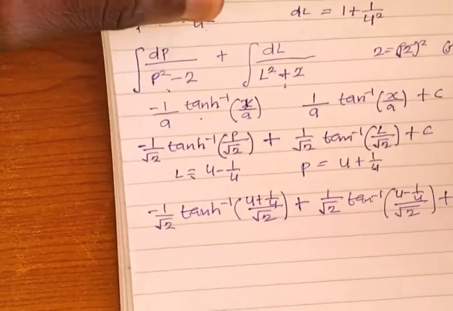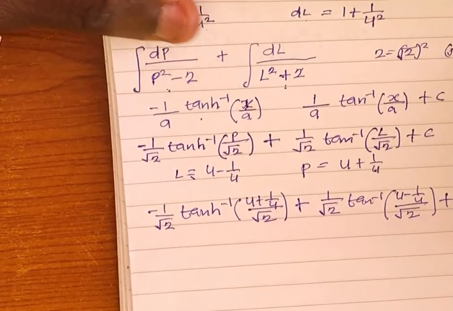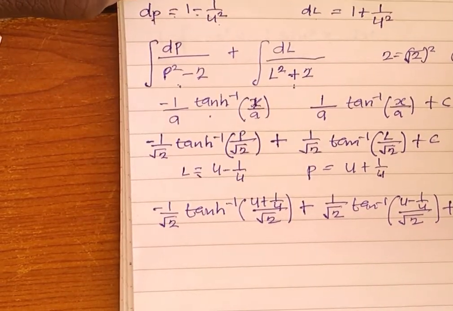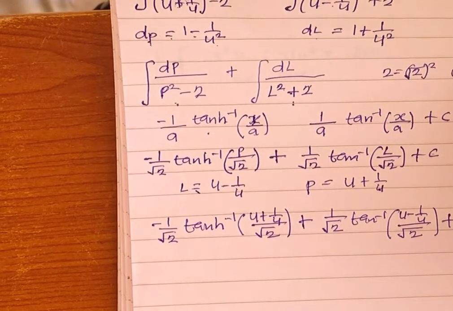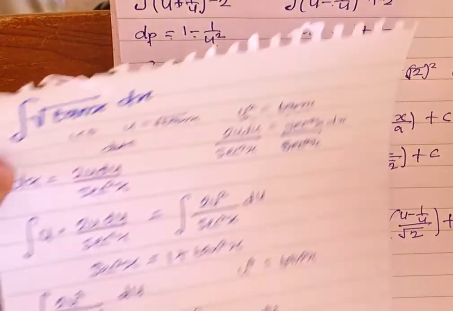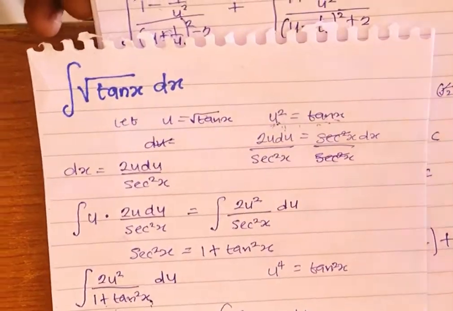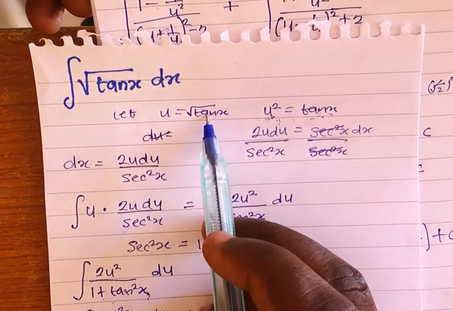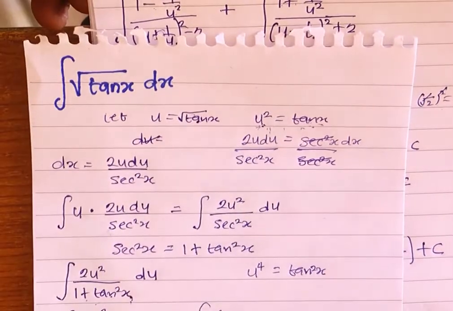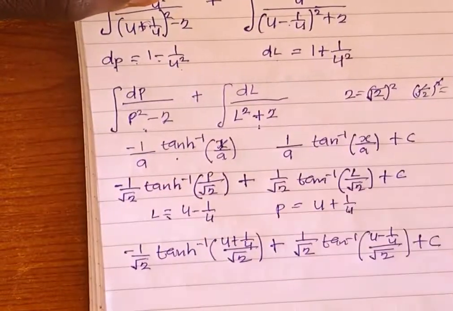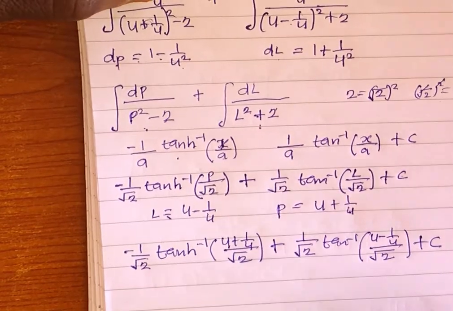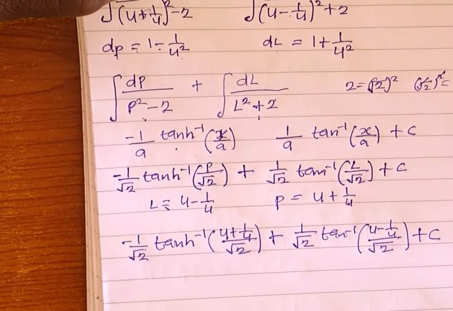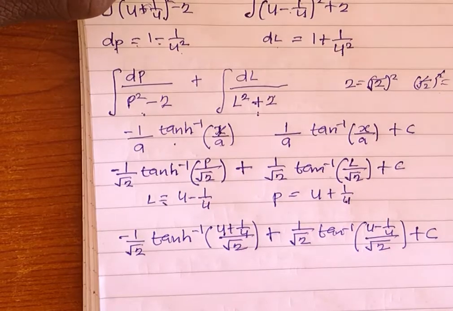Okay. Am I going to leave my answer like this? No. What else can I do? Yeah, I have a lot to do because if I recall from here, I said let my u be root of tan x. So I should fix the problem here because I'm having it in terms of u, not in terms of x. So I need to return everything back to x terms.